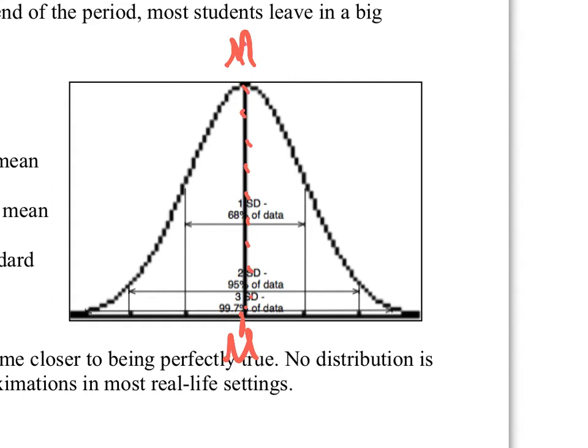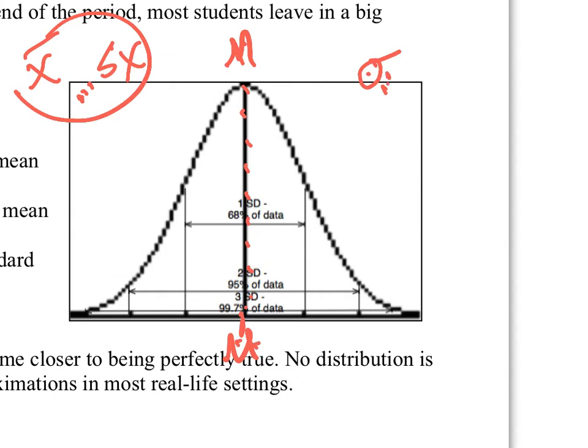The standard deviation for the population is called sigma. When we had a set of data, we called it X bar and S of X. That's for a sample. This is for the population. These two are called statistics. These two are called parameters.